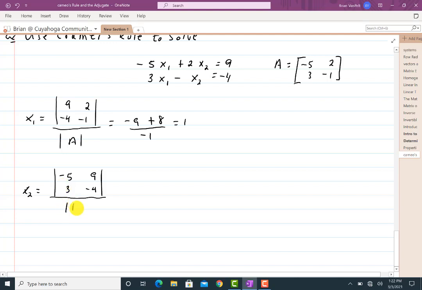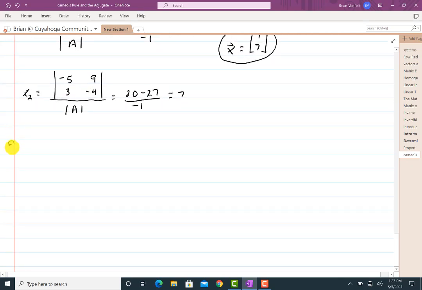And I already have the determinant of A. So let's go ahead and do this. I have 20 minus 27 all over -1, which is 7. So my x equals (1, 7). So for 2 by 2 it is a pretty good formula.